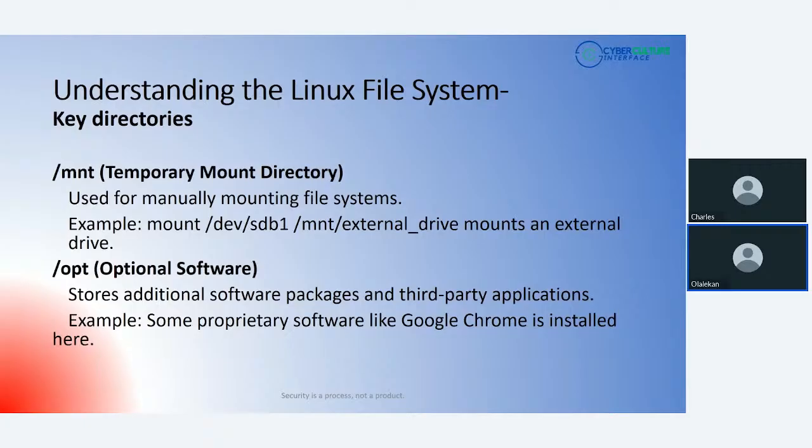Such applications sometimes need extra applications to work well, third-party applications. These third-party applications are what we refer to as optional software, because they help other applications to work properly.